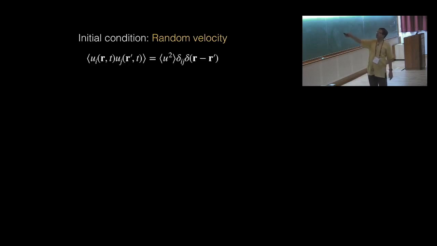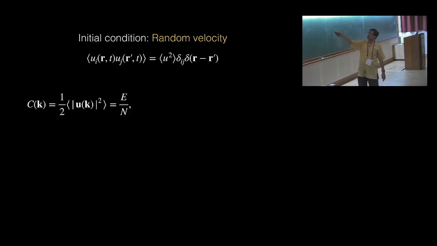Random means delta correlated in space, so the three velocity components are uncorrelated. Now if I use the Wiener-Khinchin theorem, I can go to Fourier space. All the modes will have equal energy, right? This is equivalent to equipartition. So each mode has equal energy.